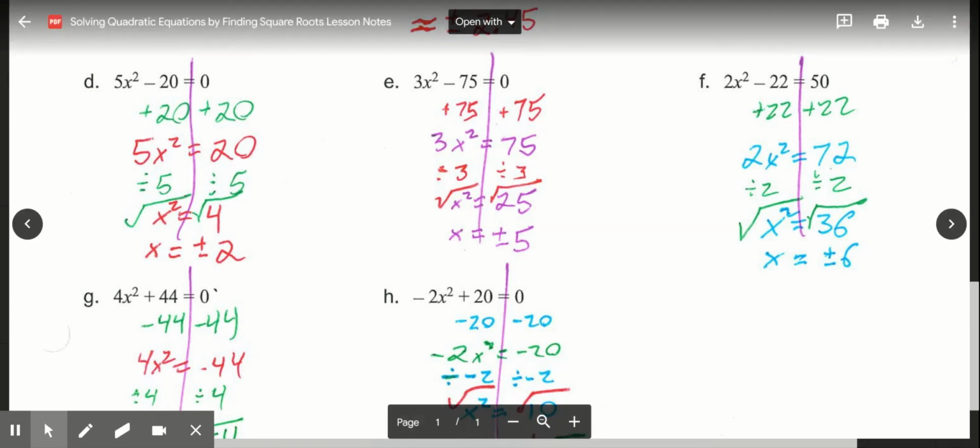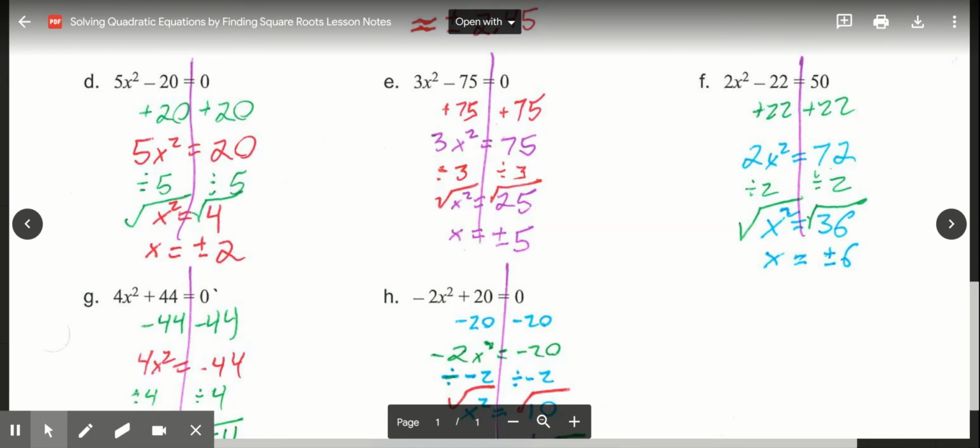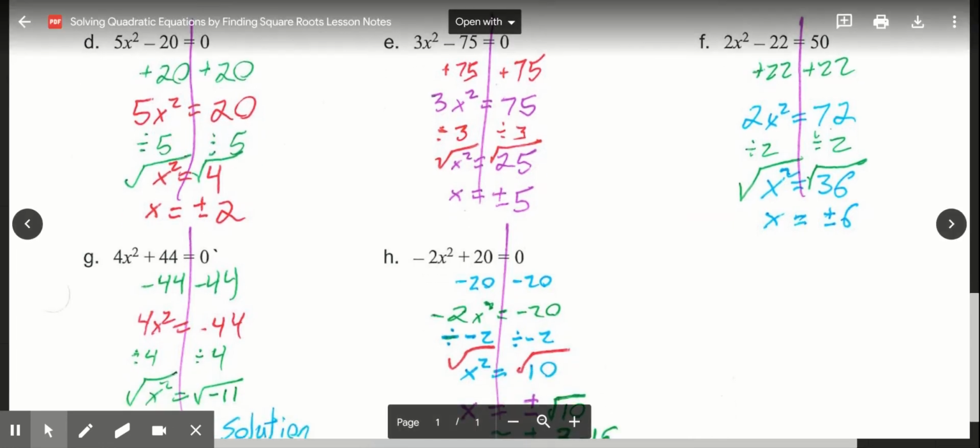So we have to undo the subtraction of 20 by adding 20 to each side. So our equation now becomes 5x squared equals 20. Now we have 5 multiplied by x squared, so we have to undo multiplication. So we divide each side by 5, and we get x squared equals 4.